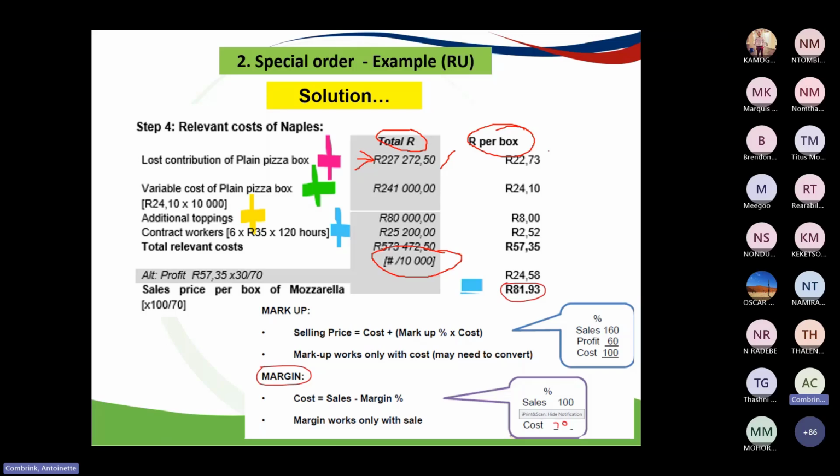We've got the variable cost of 24.10, the additional toppings of 8 Rand, the contract worker fee of 2.52 Rand, and then the total relevant cost that we use with a sales margin, and we get a total sales price of 81.93 Rand. And that is it for part A. Are there any questions on part A? Hi, ma'am.